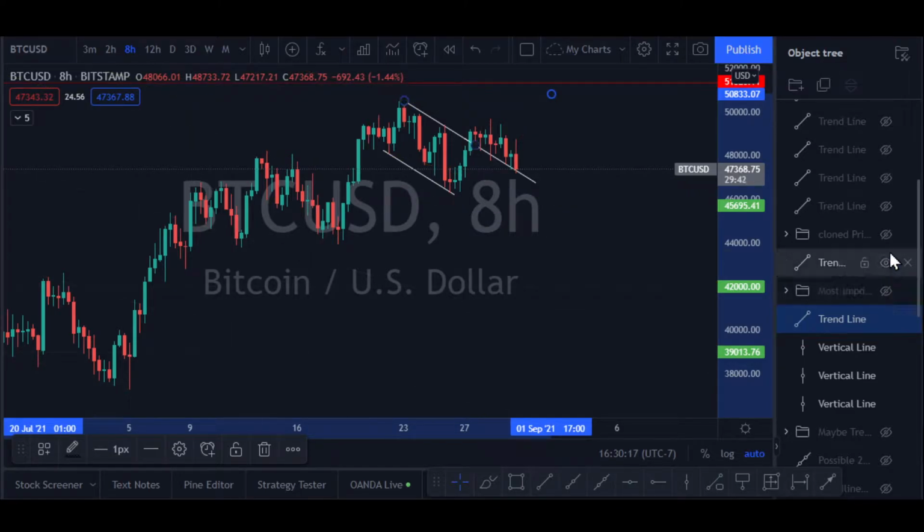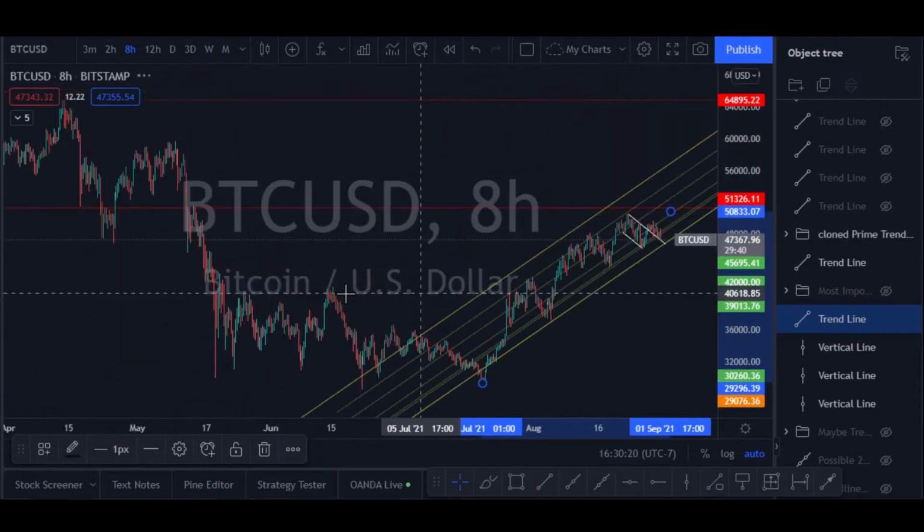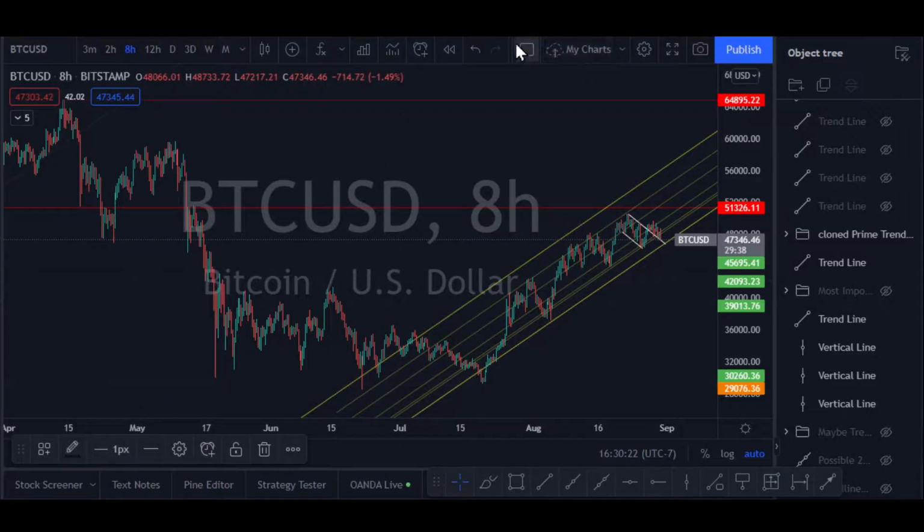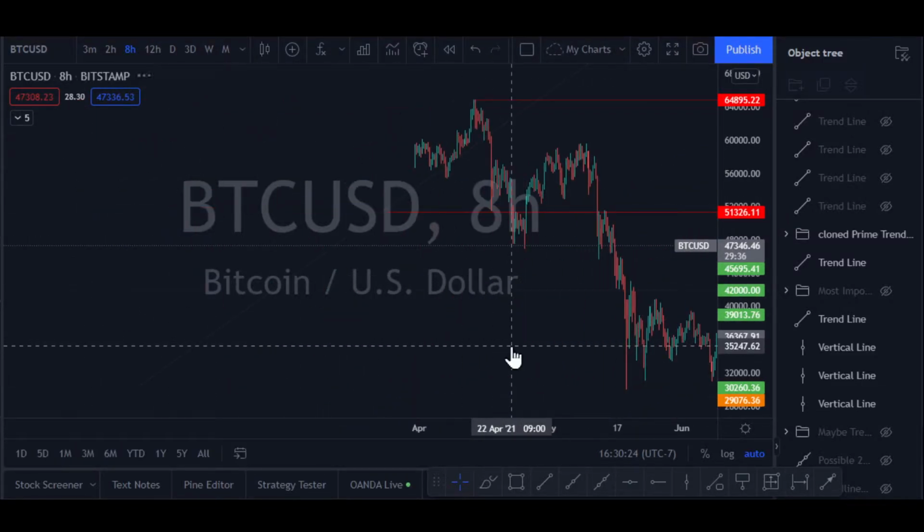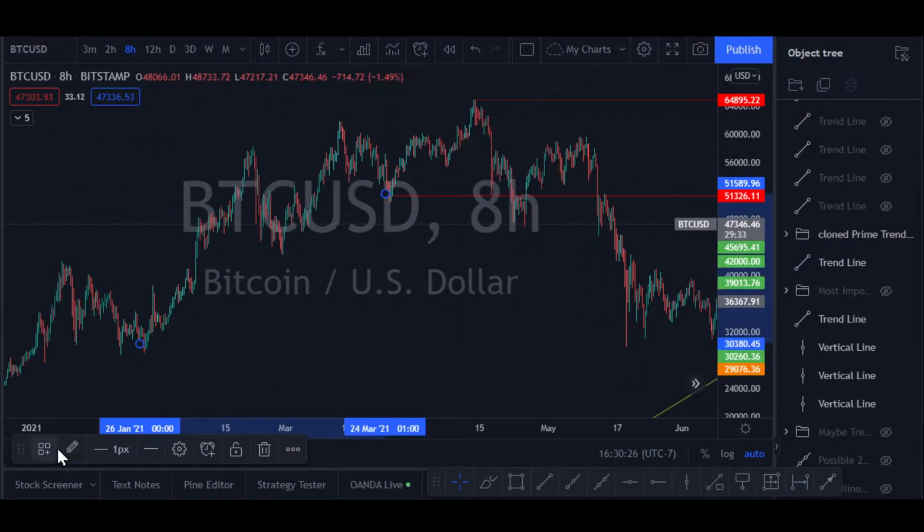But generally you can see how the market has respected it. And then I've also been looking at these prime trend lines, which I cloned from over here during the rise.